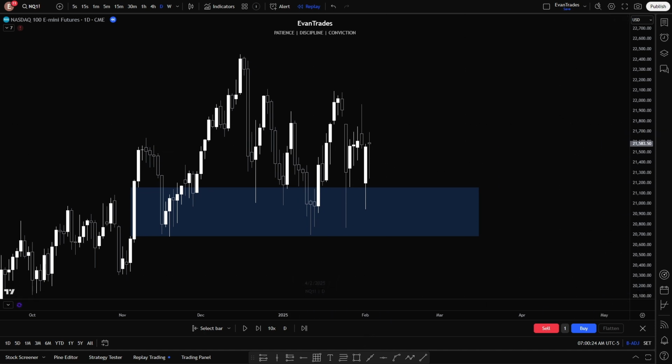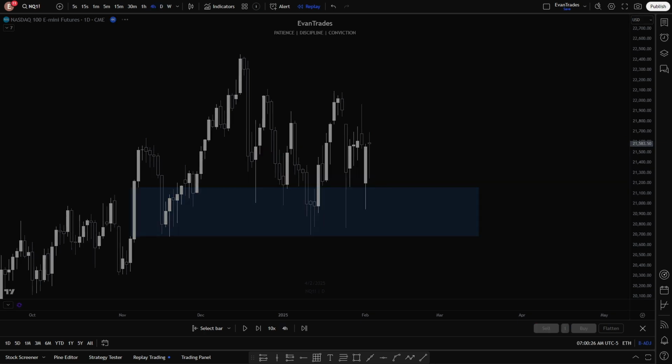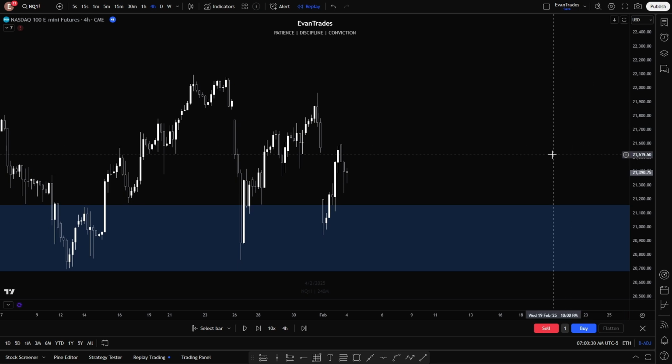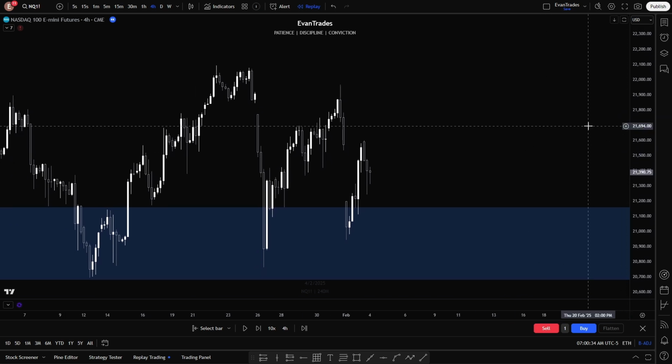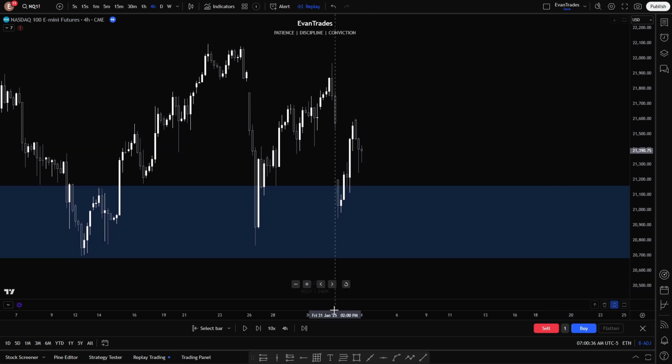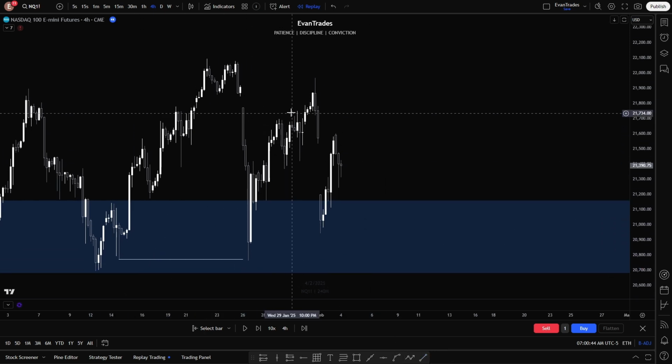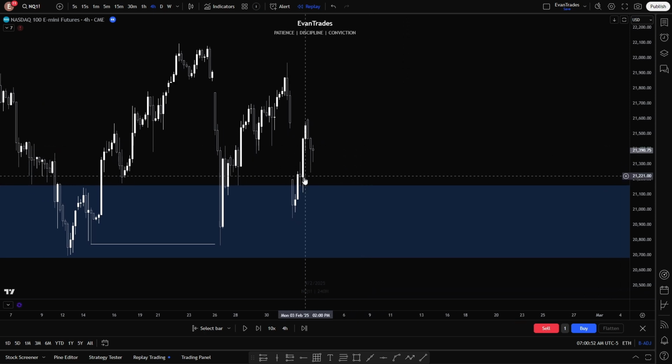But I'm also going to go down to the 4-hour to see if there's a little more internal price action that can help us stick to that bias. So looking at the 4-hour, price didn't take this low, but we did take this low. We came back up, respected this, looks like the new week opening gap, came back down, created another new week opening gap.